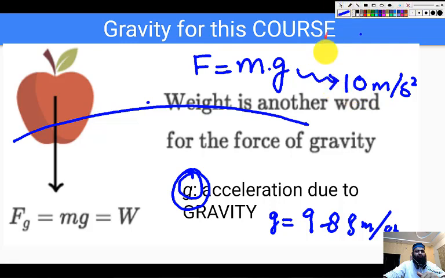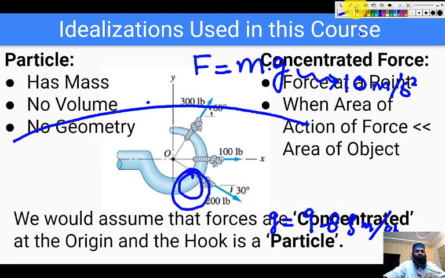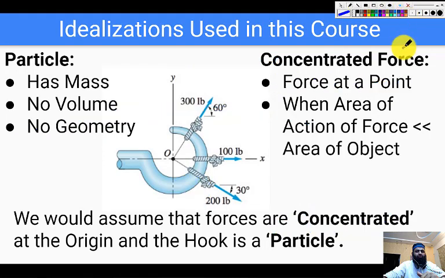Okay, let's move on. As I discussed earlier, there are some idealizations I will be using for the most part of this course. The first one is the idealization of a particle. Whenever we talk about a particle in this course, we mean something which has a mass but has no volume and no geometry.